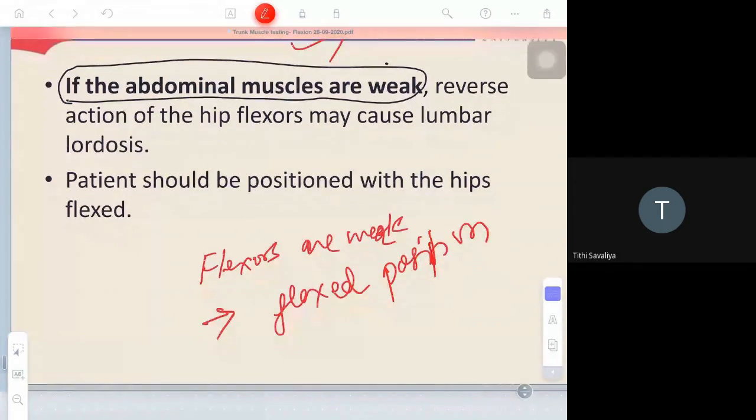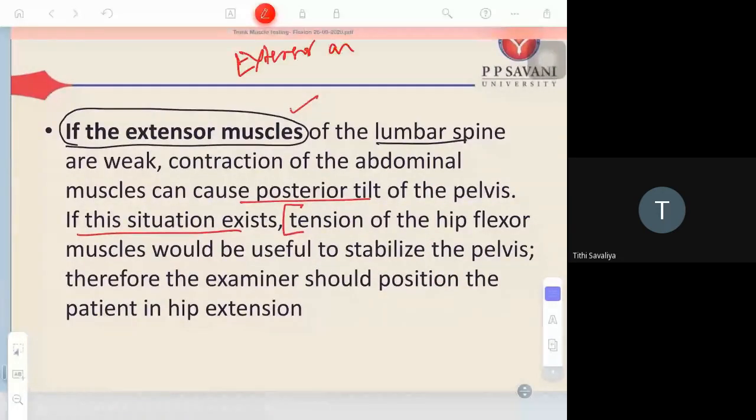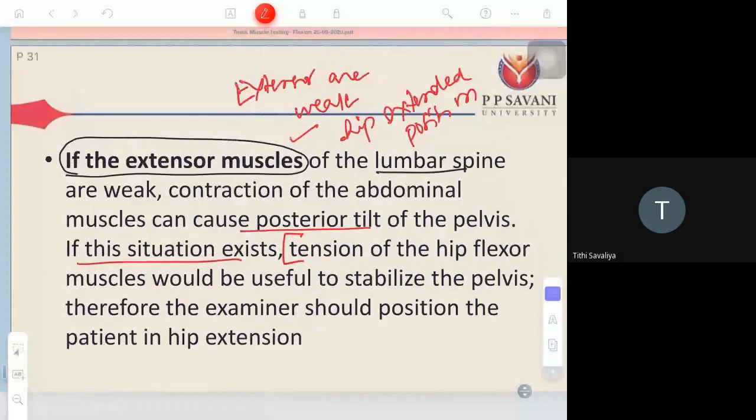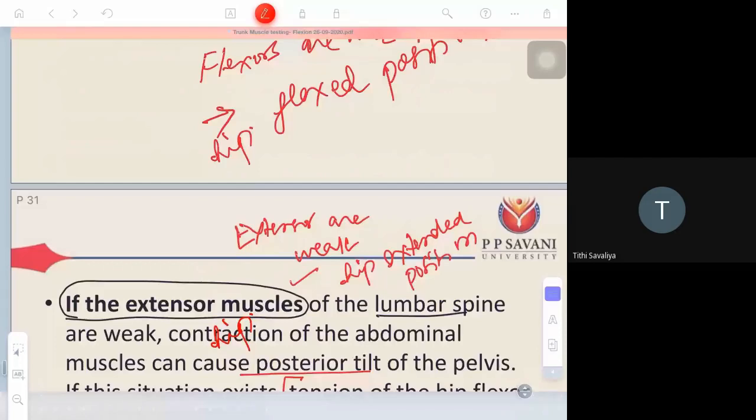If extensors are weak, you will keep the hip in extended position. This is the final statement. If flexor muscles are weak, keep the hip joint in flexed position, and if extensors are weak, keep the hip in the extended position.